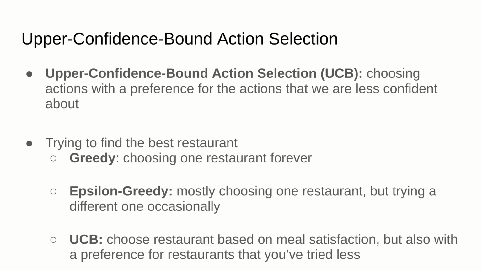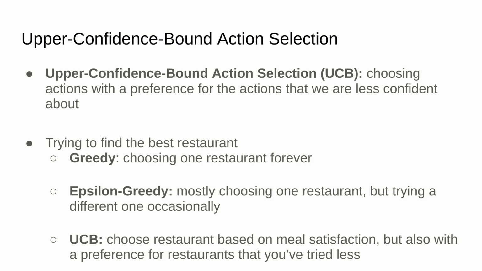One way to select actions could be to choose them with a preference for the actions that we are less confident about. For example, consider the case of moving to a new town and you're trying to find which restaurant has the best meal among some number of new restaurants. Greedy action selection would be like visiting all the restaurants once and then going to the one that satisfied you the most forever.